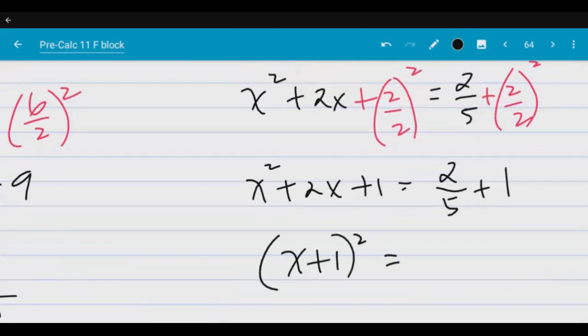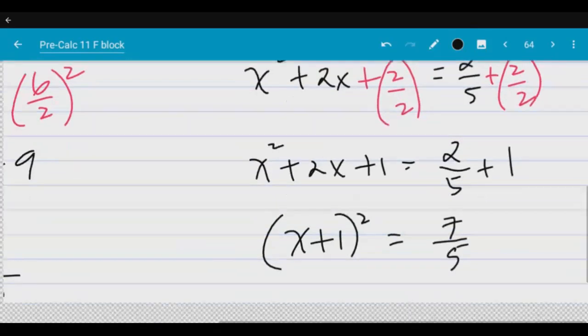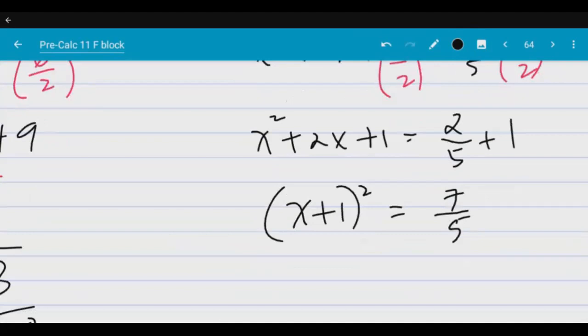equals, do not turn it into a mixed number, turn it into an improper fraction. This one is going to be 7 over 5. All right? And if you're thinking, why should I not make it a mixed number? Because you're going to get the square root.